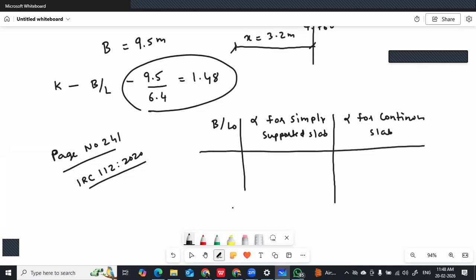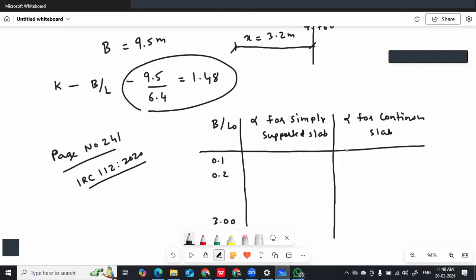Can anyone tell me what is our slab? They have given values 0.1, 0.2, up to 3, up to 3 they have given the B by L naught value. And we need to find alpha for simply supported slab and alpha for continuous slab. Is it a simply supported slab or a continuous slab?